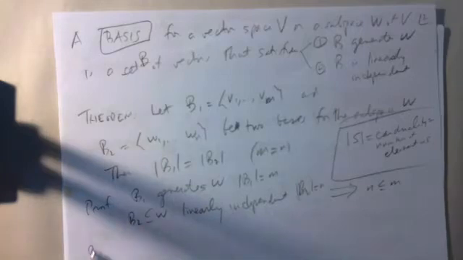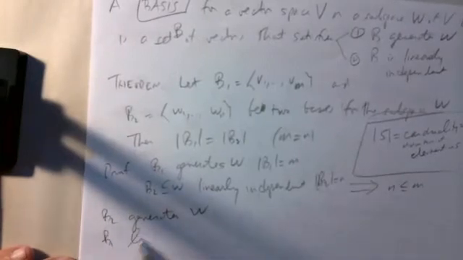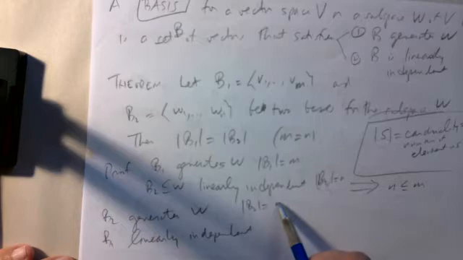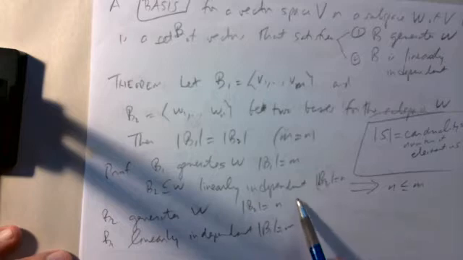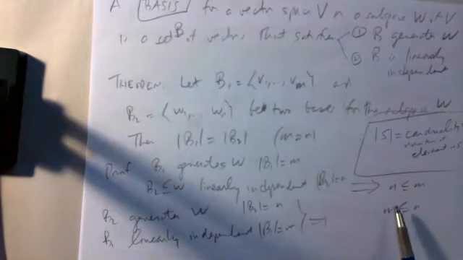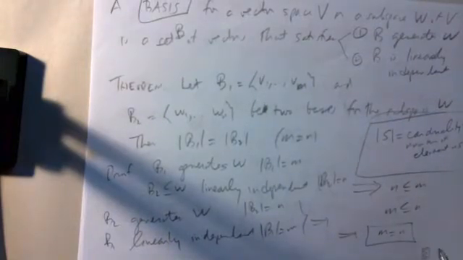But then you reverse the argument. B2 also generates W. B1 is contained in W and linearly independent. Cardinality of B2 is n, cardinality of B1 is m. If these vectors are linearly independent, then m is less than or equal to n. And if you have two numbers and each is less than or equal to the other, they have to be equal. So that is the proof.